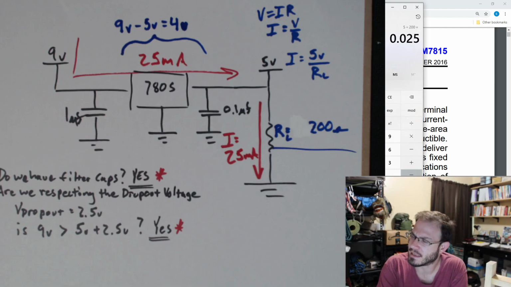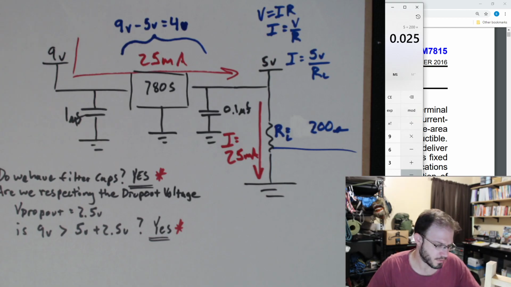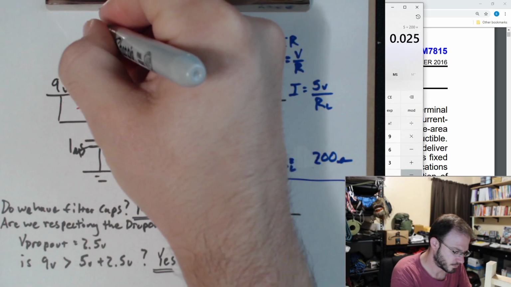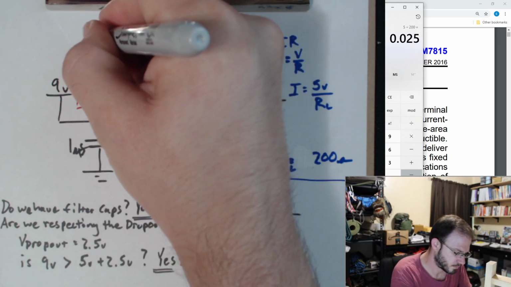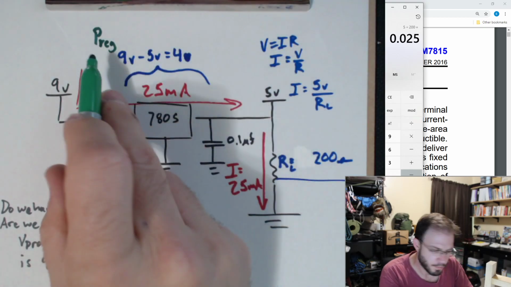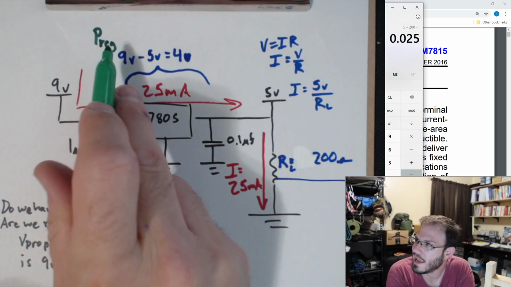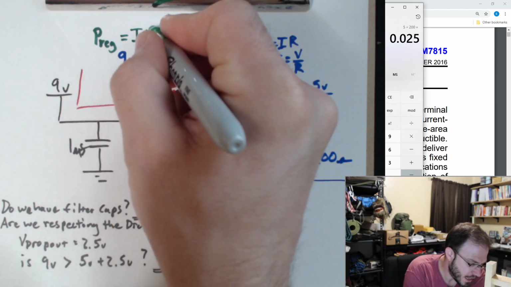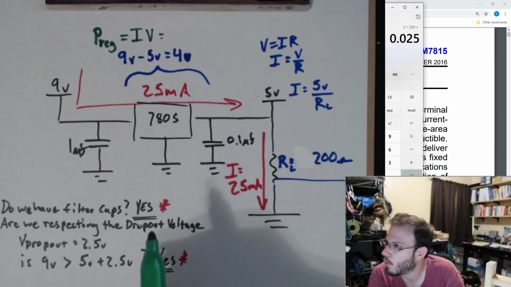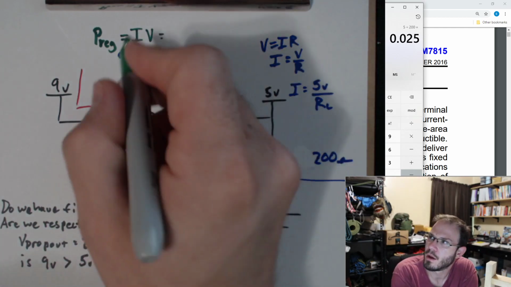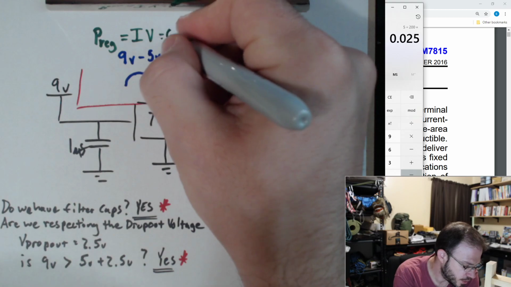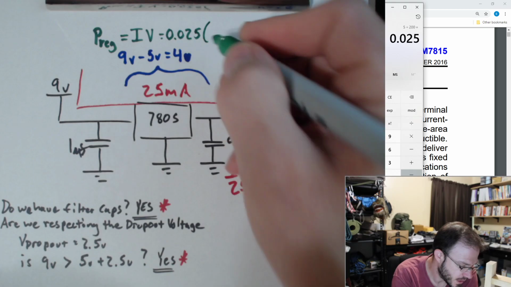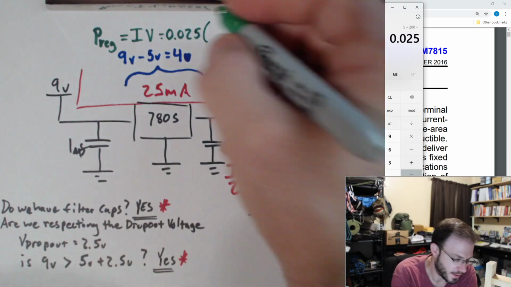So what's our power being dissipated? Power being dissipated by the regulator is going to equal I times V. It's our power equation, P equals IV. Well, I is equal to 0.025 times 4 volts.